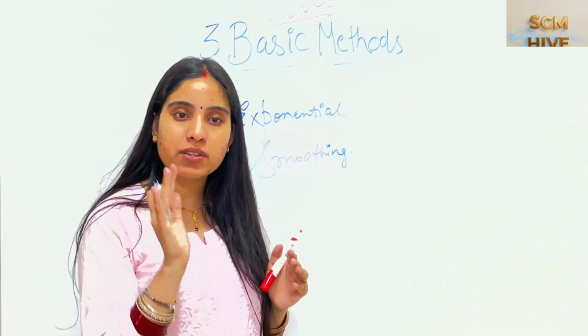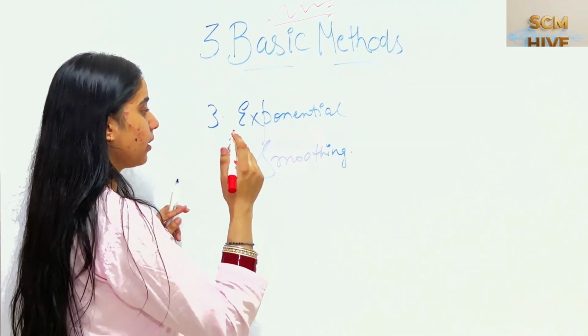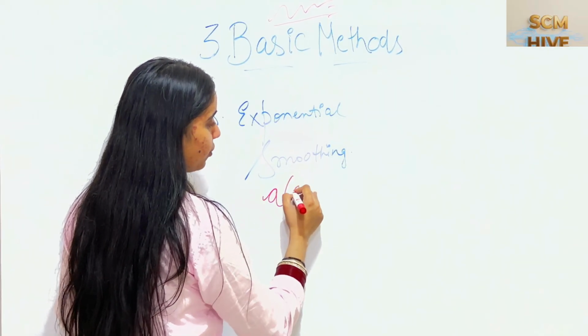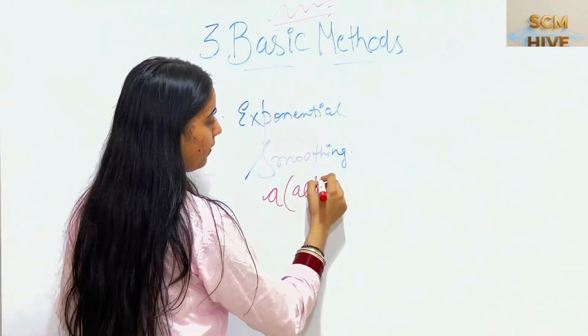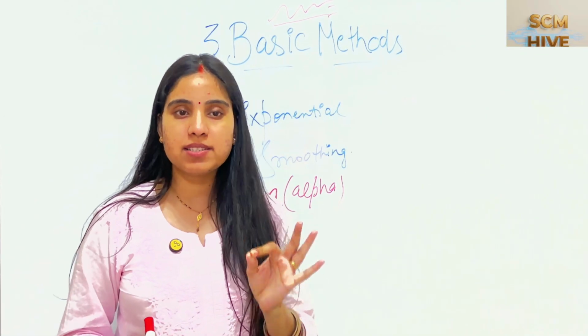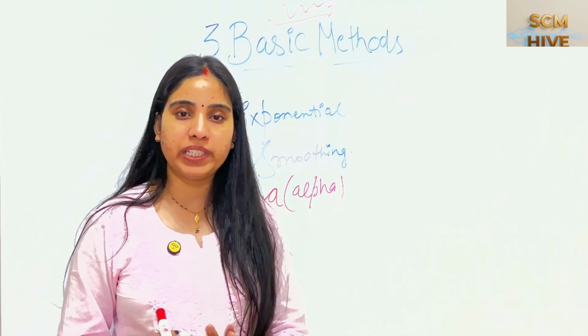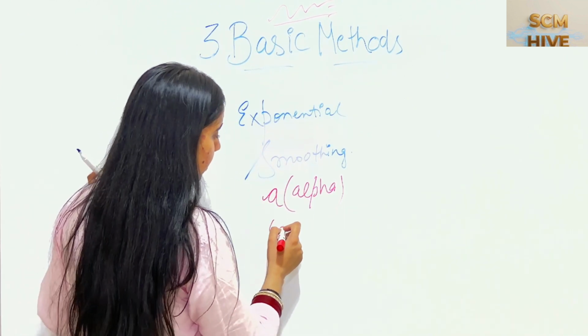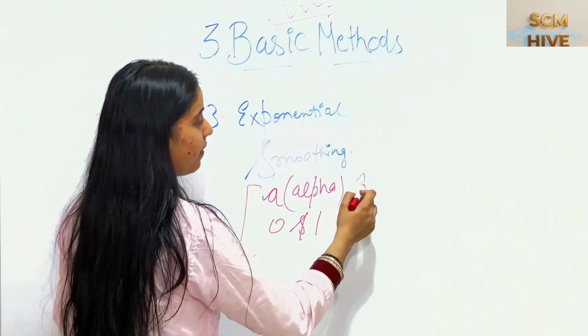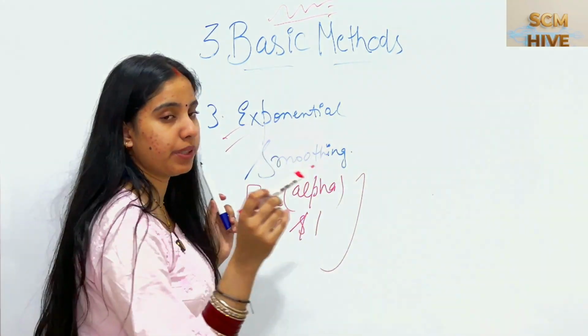There is a value we use in this exponential method. It's called alpha, represented by A. The alpha lies between 0 and 1. Just remember this alpha concept in the exponential smoothing method.